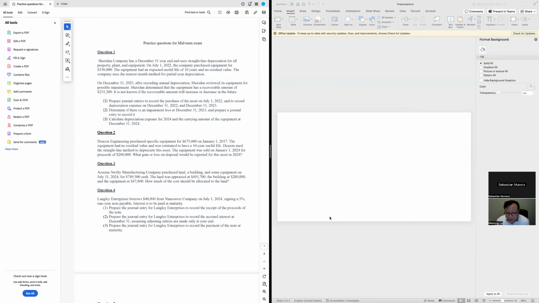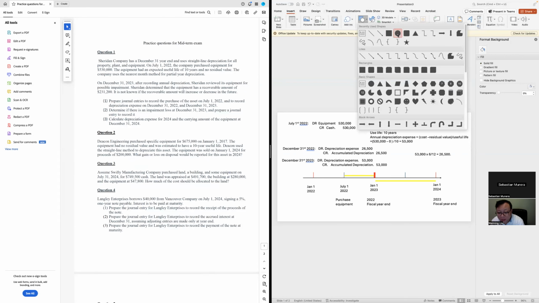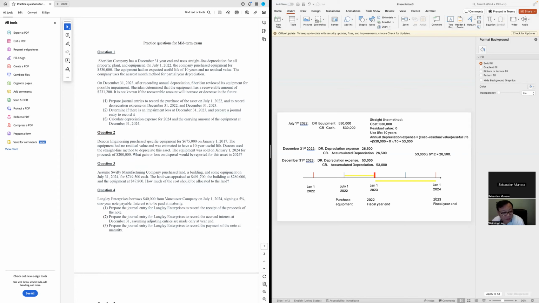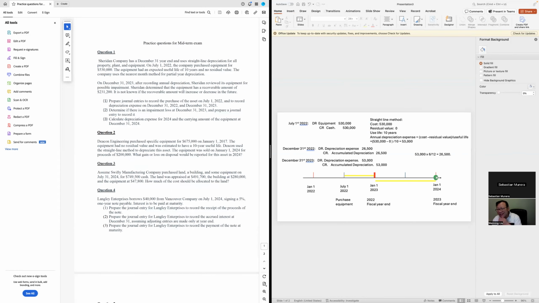Okay, so they're asking us on this date, December 31st, 2023, at this point, I'm using maybe a green color, is there an impairment loss? So that is the question.